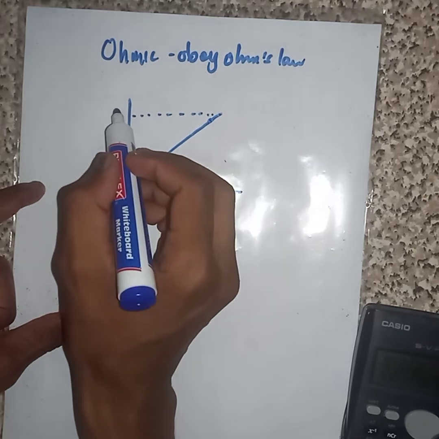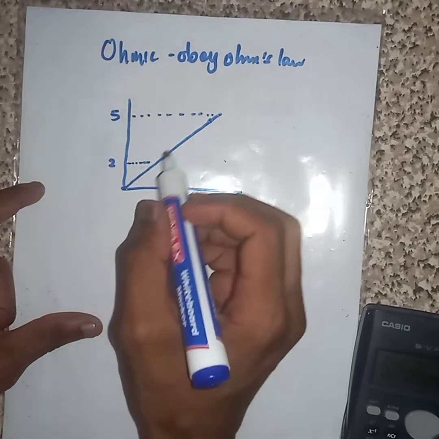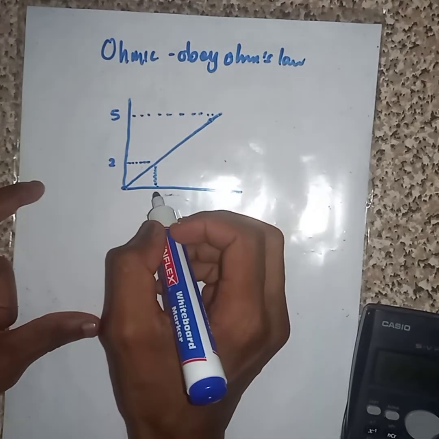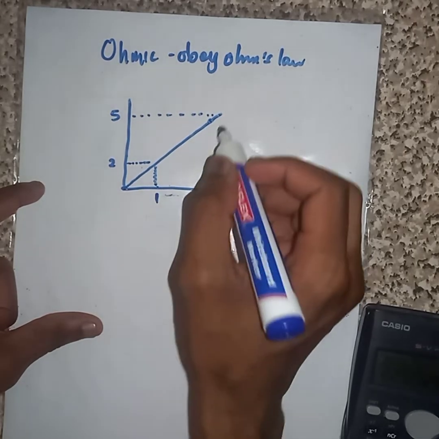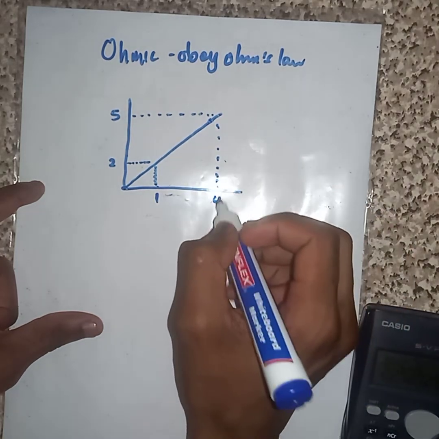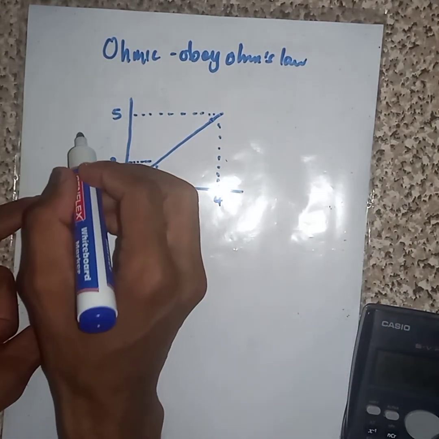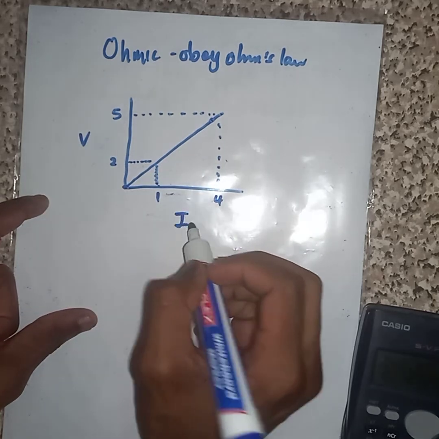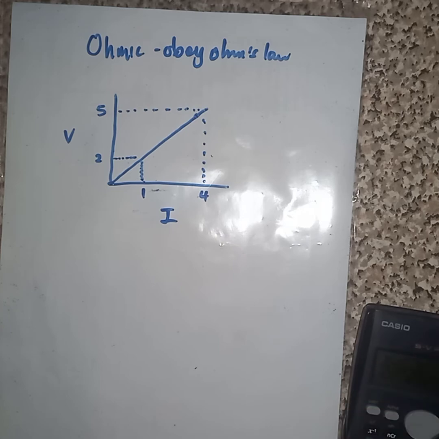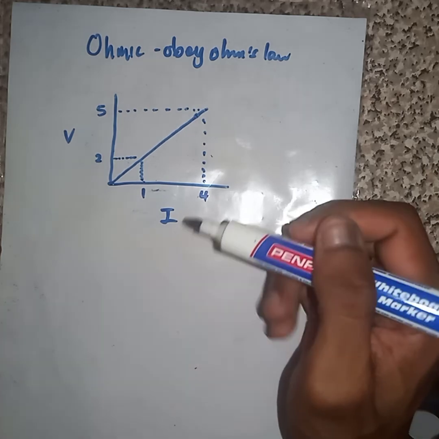Somewhere here, let's say the value is 5. And we allow this one to be, let's say, 1. Let's say this one is 4. Then on this side I have V, on this side I have I. Then I ask you a question to determine the value of R.